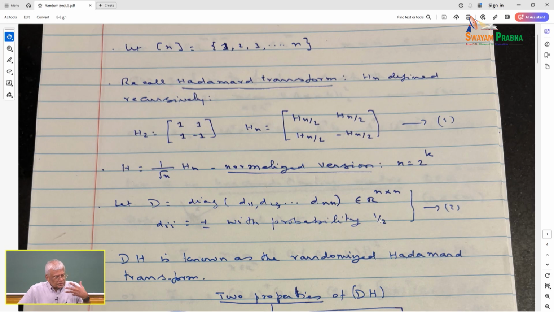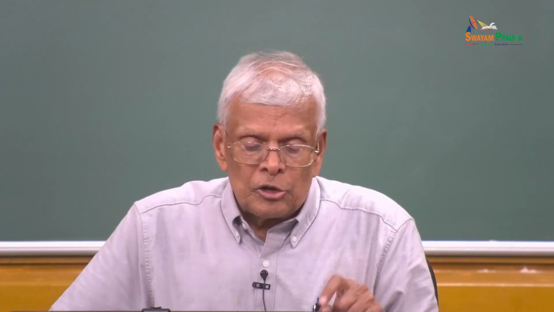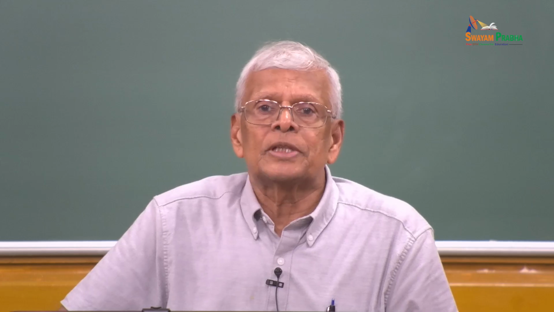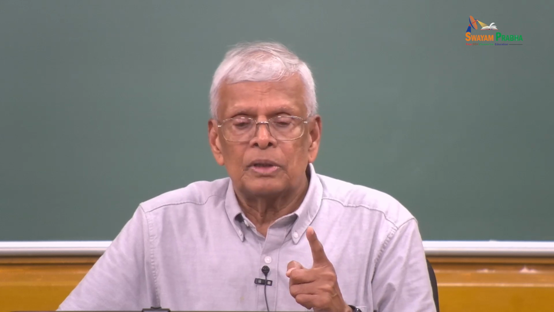I want to introduce some randomness into H, and to that end I am going to design a new diagonal matrix whose elements are plus or minus 1, and each diagonal element is going to be obtained by flipping a coin, plus 1 or minus 1 with a probability half-half.